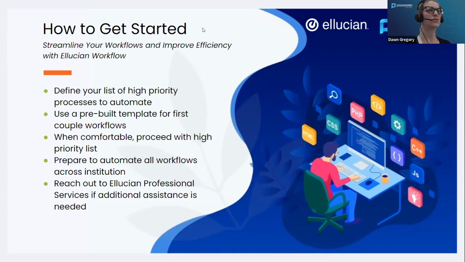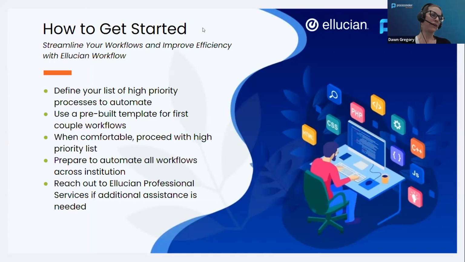And those have instructions on how to set them up and configure them so that they work right away. Once you feel comfortable using Ellucian workflow, then you can proceed with some of those things on your list that are deemed high priority for your institution. So you have a starting point between the templates as well as that high priority list that you've put together.